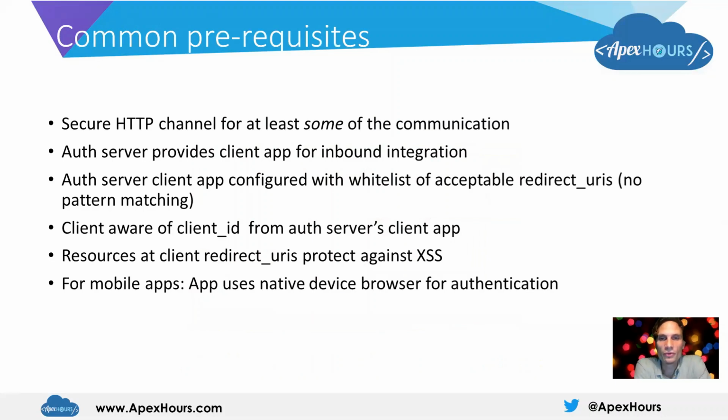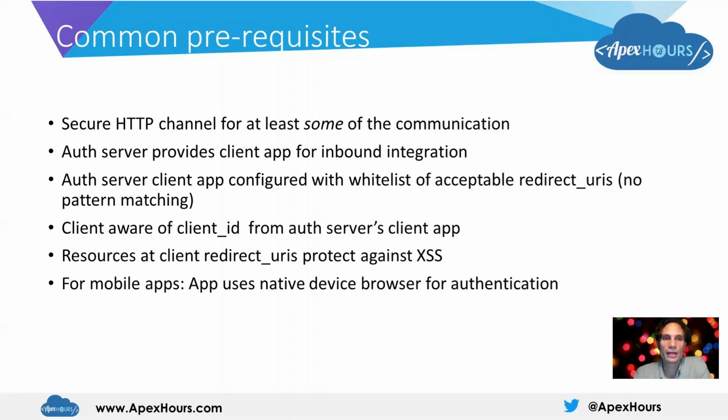Firstly, just a few general prerequisites around setting up OAuth flows in general. Whilst I'll talk about prerequisites for each of the specific flows, there are a few things that we'll want to ensure are in place for OAuth in general.